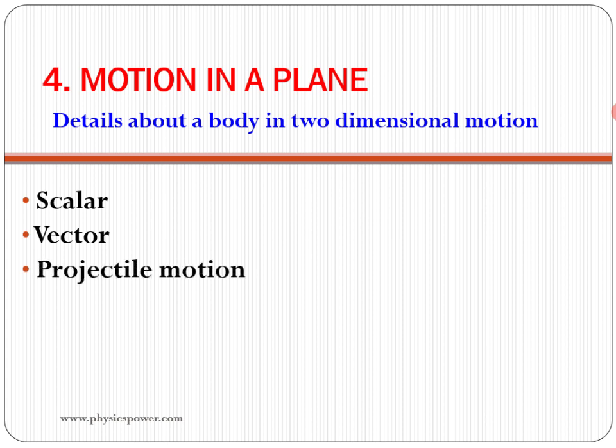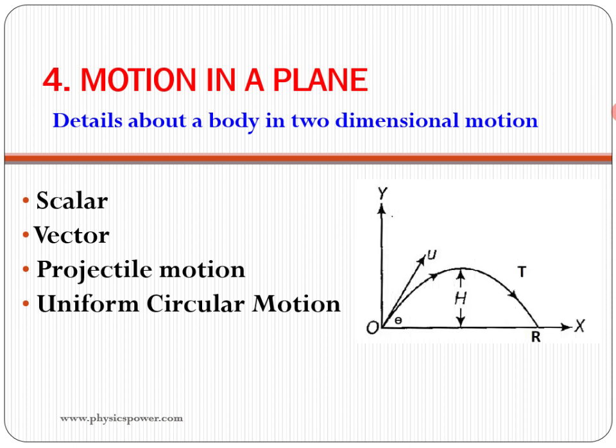Mostly in this lesson the concept relates to projectile motion. An important essay question is based on projectile motion, and another one is uniform circular motion. Pay particular attention to projectile motion, because it is an essay question. Any body thrown at an angle other than 90 degrees with a particular initial velocity will follow a parabolic path, that is called a projectile.